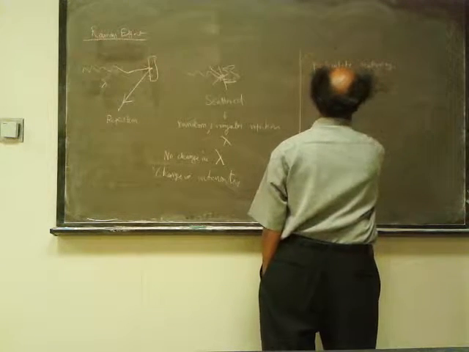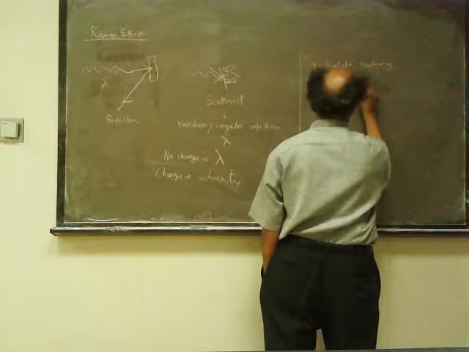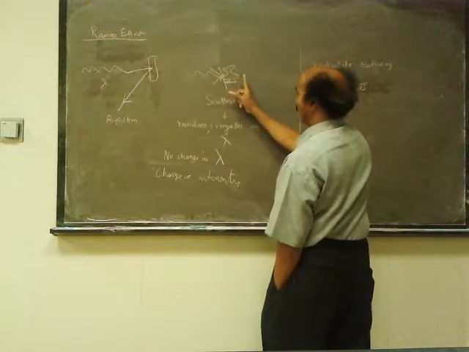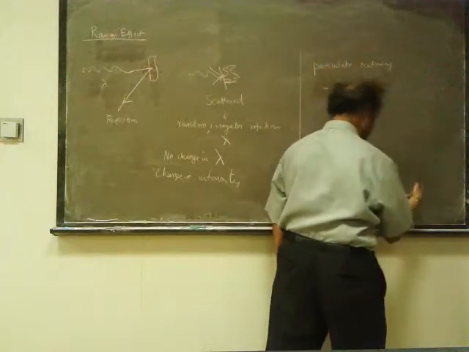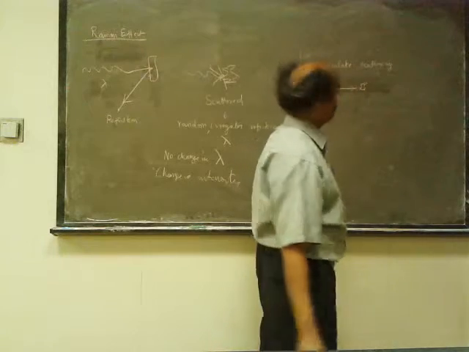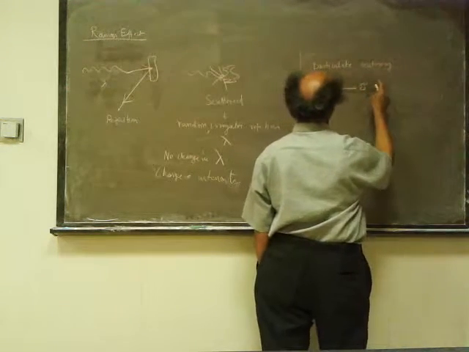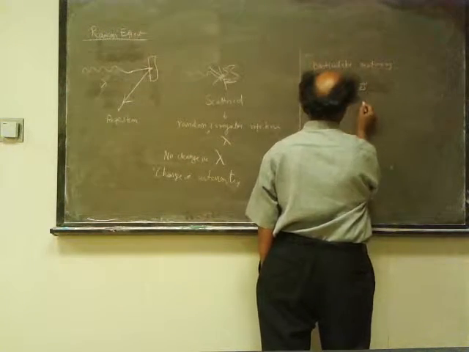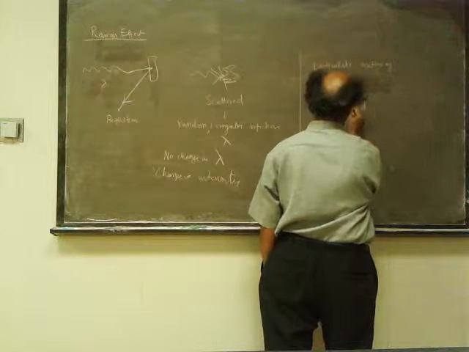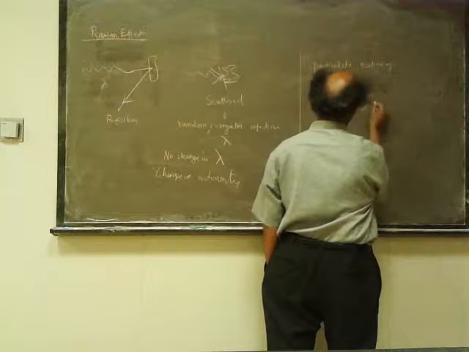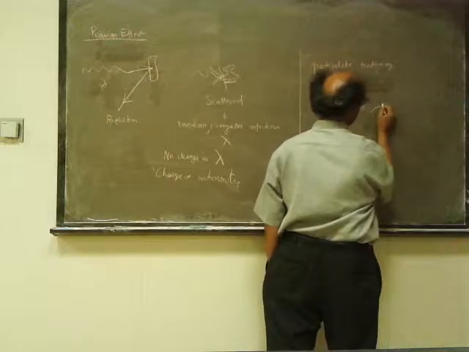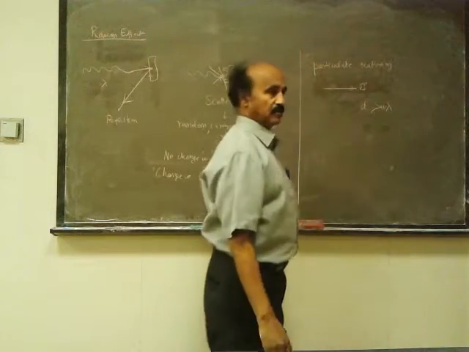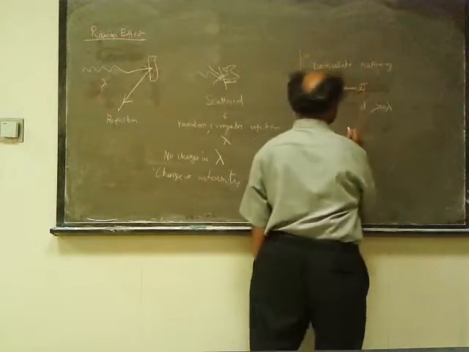Particulate scattering means I send the light, and here is a particle. This is a big ball. This is a particle like this. If the size of the particle is greater than lambda, say 10 lambda, then this is called Mie scattering.